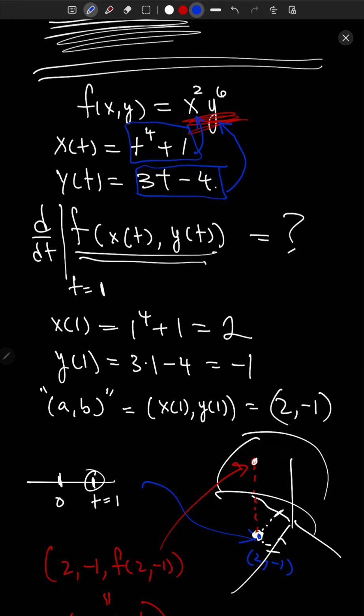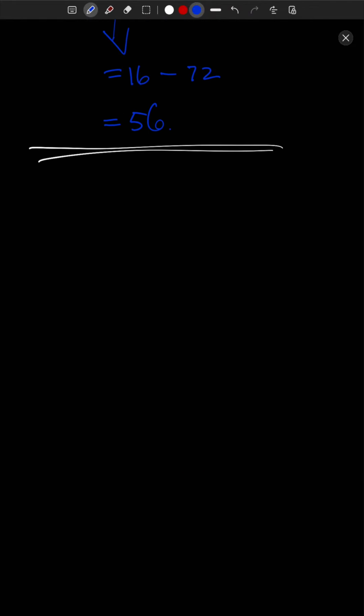We only then have t's. So if we do that, then we actually do have a single variable function, and we can just do the whole process with that single variable function, right?